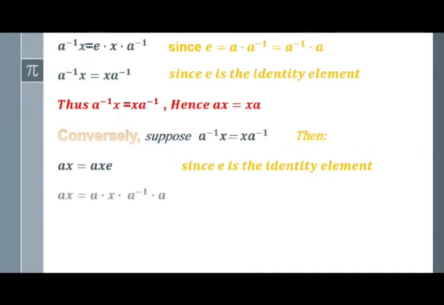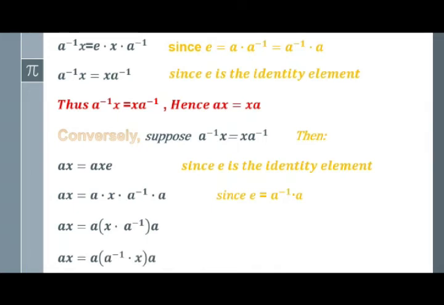Then we have AX is equal to A times X times A inverse times A. Since E is equal to A inverse times A, then we have AX is equal to A times X times A inverse times A.